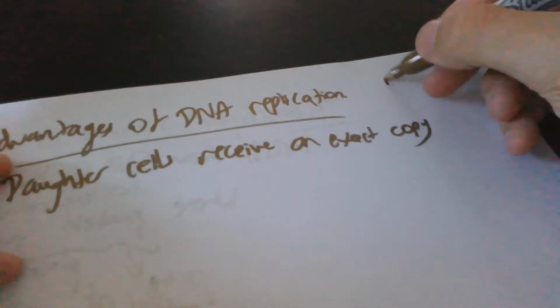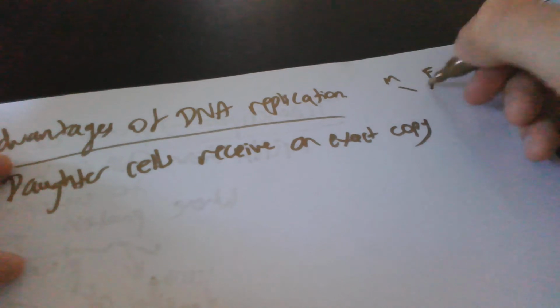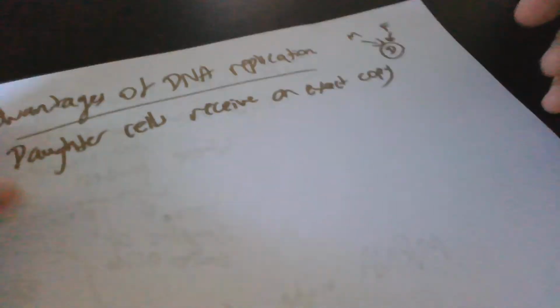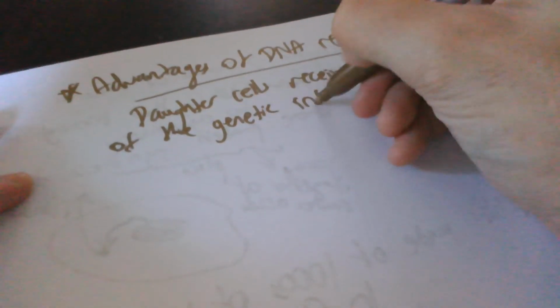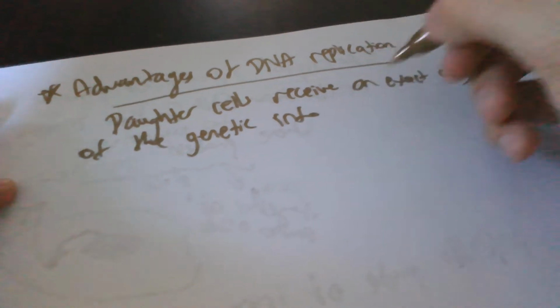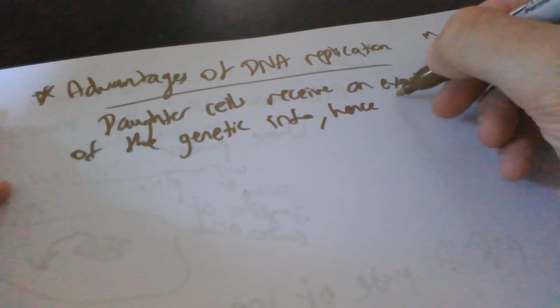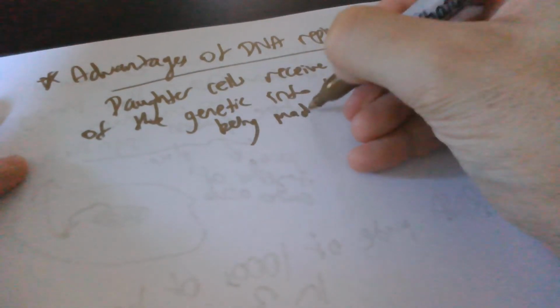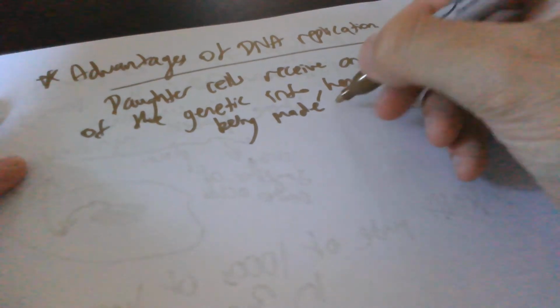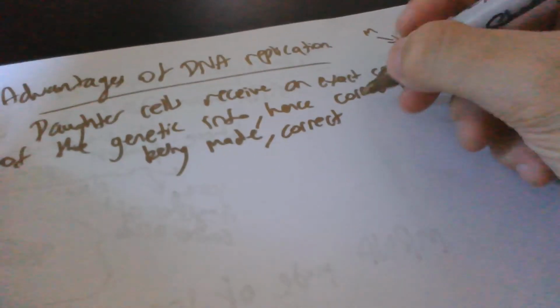Remember, so you've got, say, mum, male, female making a baby, exact copy of the genetic information. Okay, hence you get correct proteins being made. Correct, and the correct reactions taking place, right?